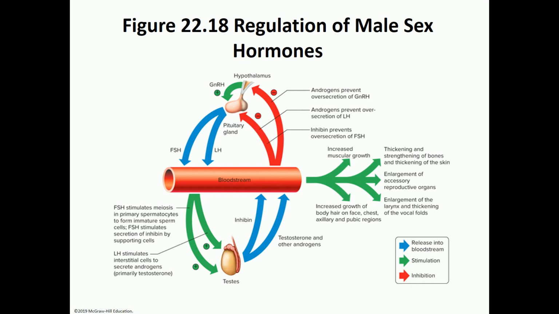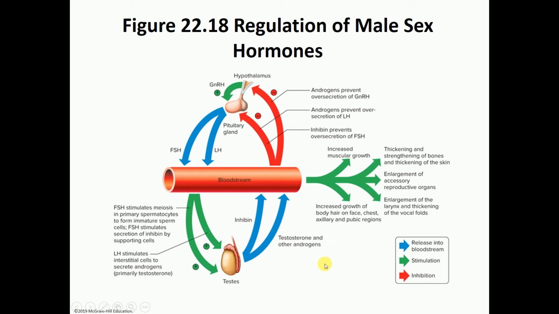So it will prevent the oversecretion of gonadotropin releasing hormone, and it also prevents the oversecretion of luteinizing hormone. So notice that inhibin inhibits the secretion of FSH, while it's the androgens that inhibit the secretion of luteinizing hormone.